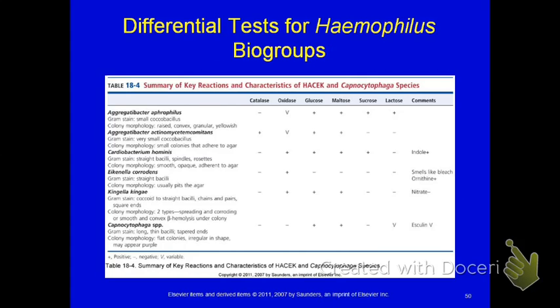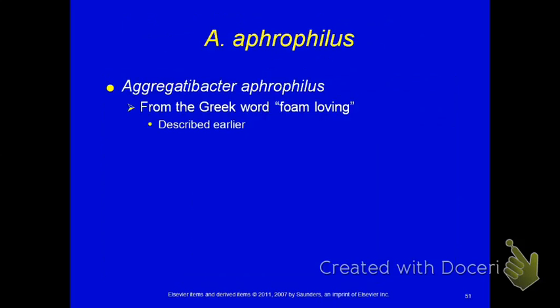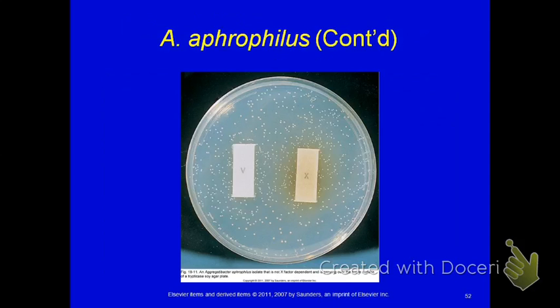Okay, so tabulated herein would be the summary of key reactions and characteristics of HACEK and Capnocytophaga species. Okay, so let's discuss them one by one. So, Aggregatibacter aphrophilus, it means foam-loving. We have already described the organism.